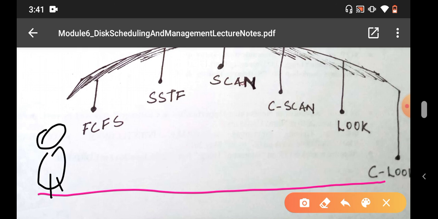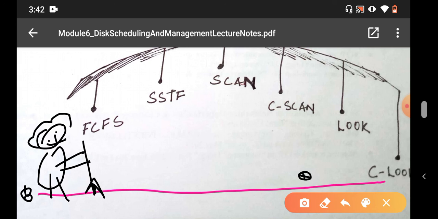The Swachh worker in FCFS will do whichever kachra comes first. If there is kachra over here, he will do this. Even if there is kachra over here, he will not do this, because he will first go over there, do that, and then come over here.